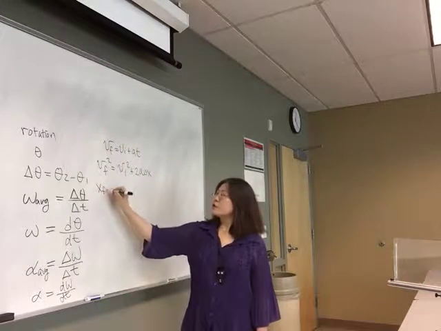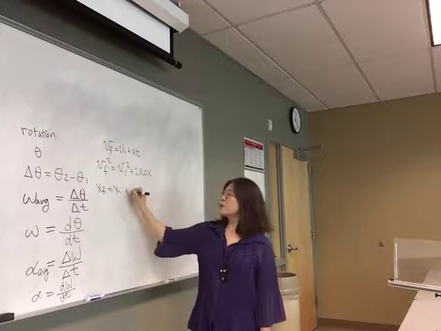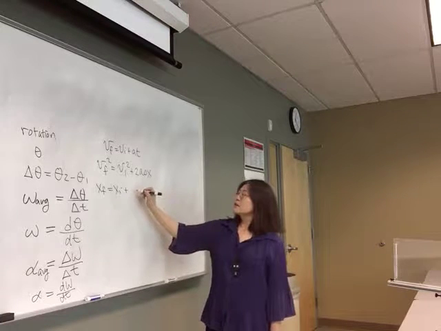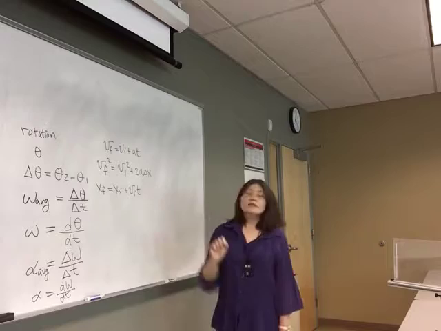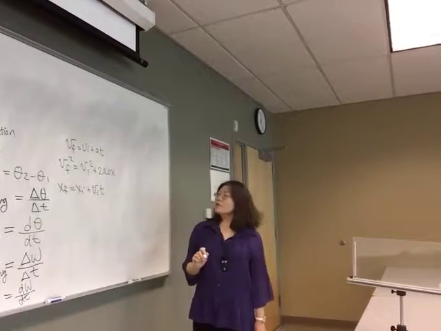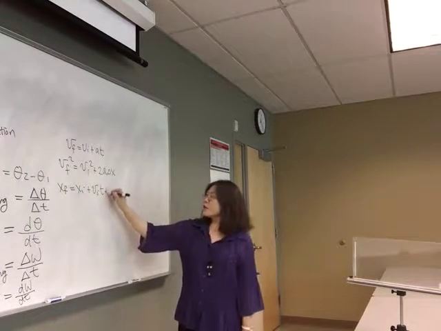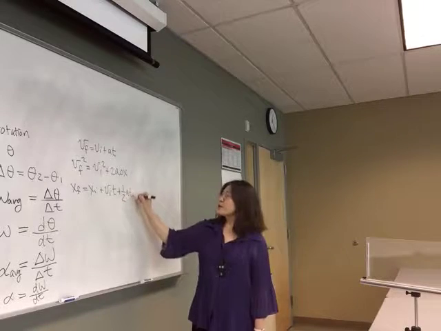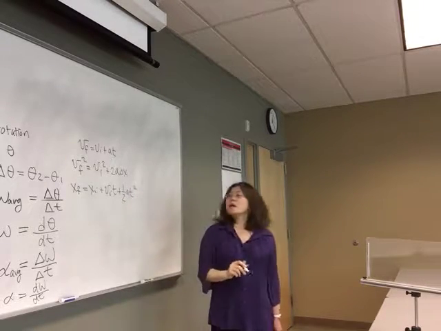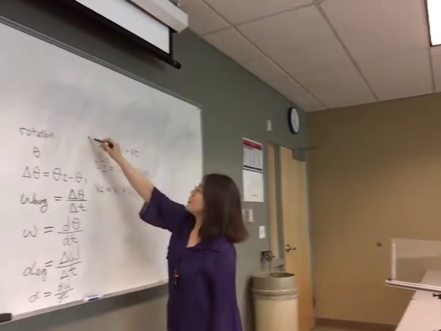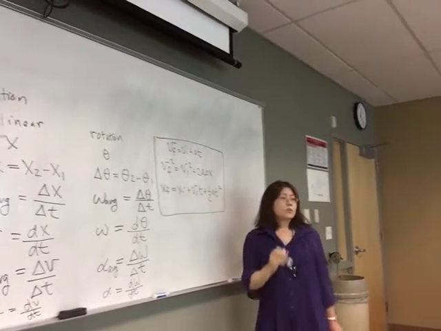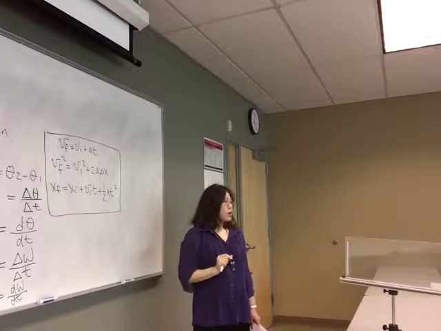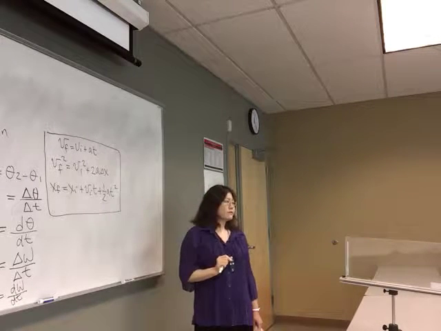The final position is equal to initial position plus, what about this? Initial velocity times time, and then plus 1/2 At squared, right? Okay, so these are the three equations of motion that govern the motion when an object is making a linear motion. What about for rotation?